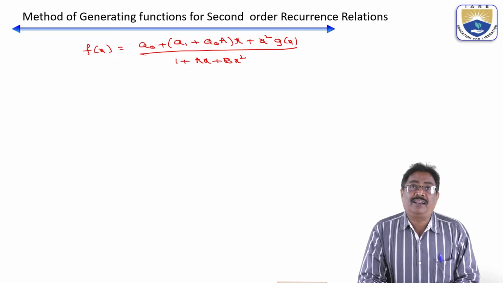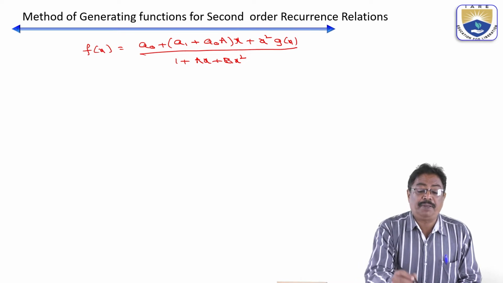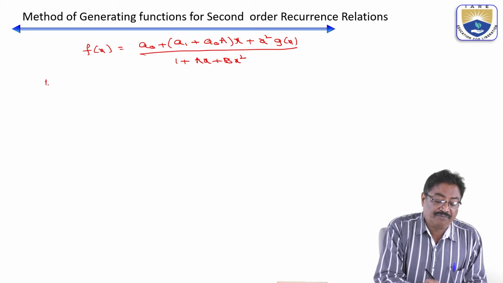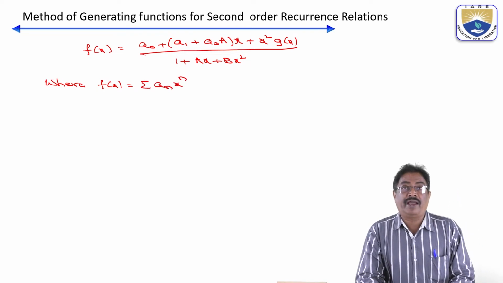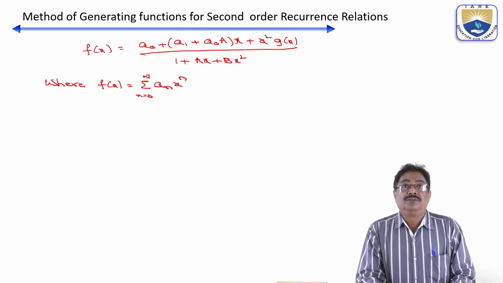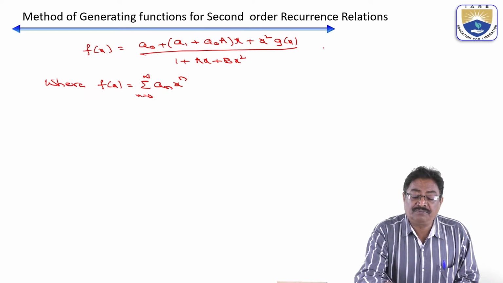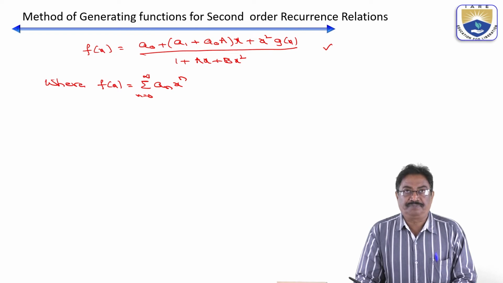So here a naught and a1 are the conditions which are given in the problem itself, and a and b are both constants. What is f of x? We assume it as the generating function for the sequence a naught, a1, a2 and so on, n equals 0 to infinity. So this is the generating function for the second order recurrence relation.